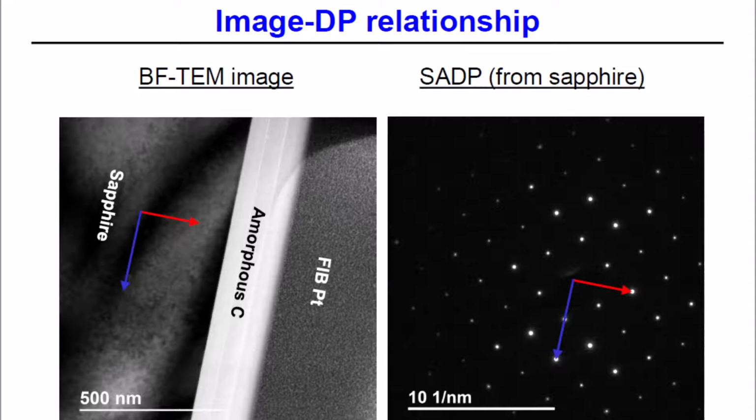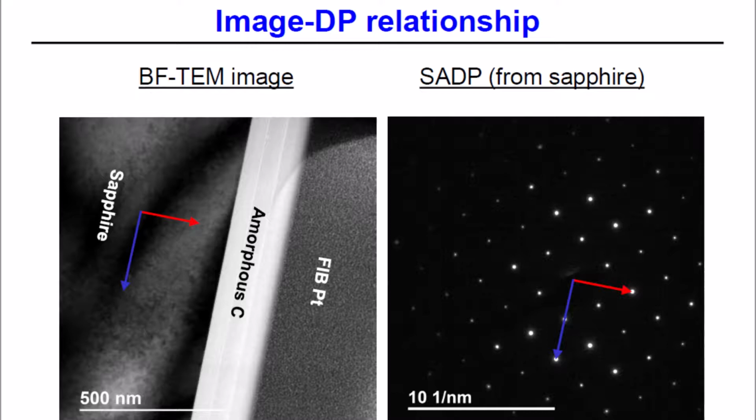I want to start by showing you this slide that I took from a course I teach. What you're seeing on the left is a bright field TEM image, a conventional image, of a sapphire wafer with a coating of amorphous carbon, and on top of that a layer of platinum that was deposited using a focused ion beam.